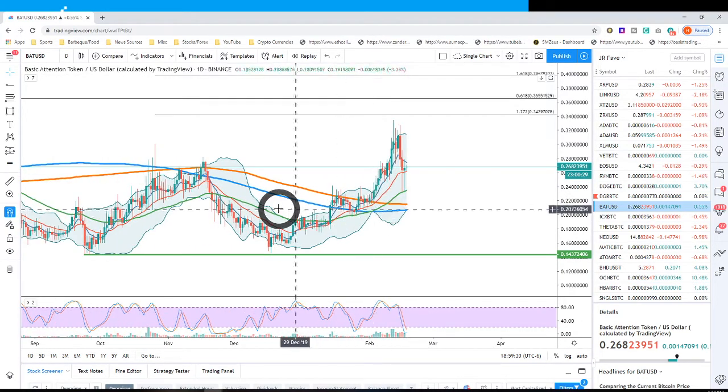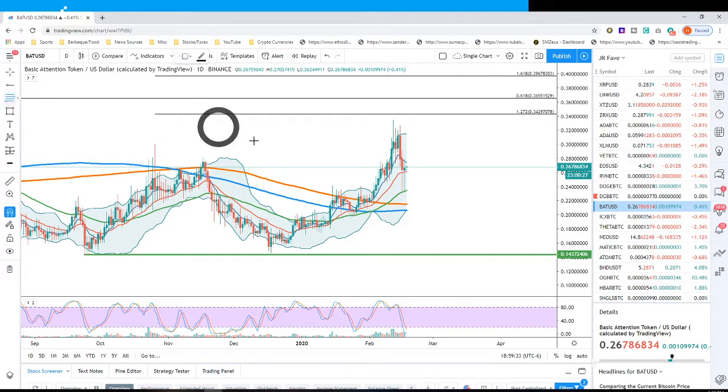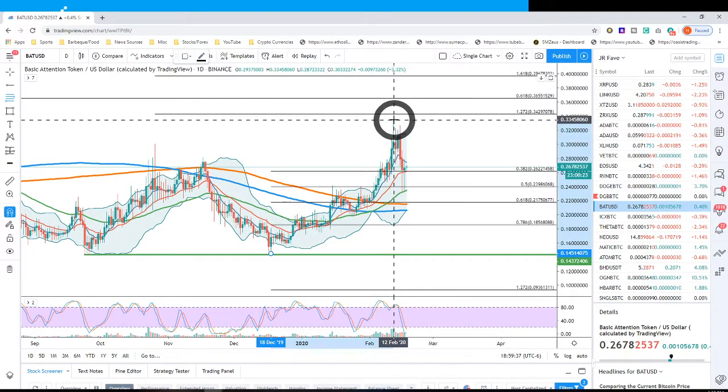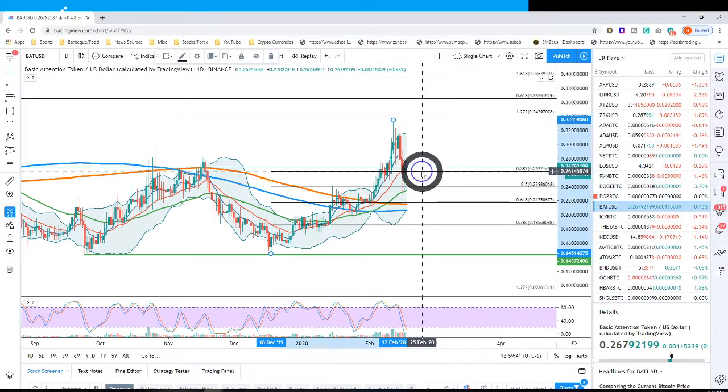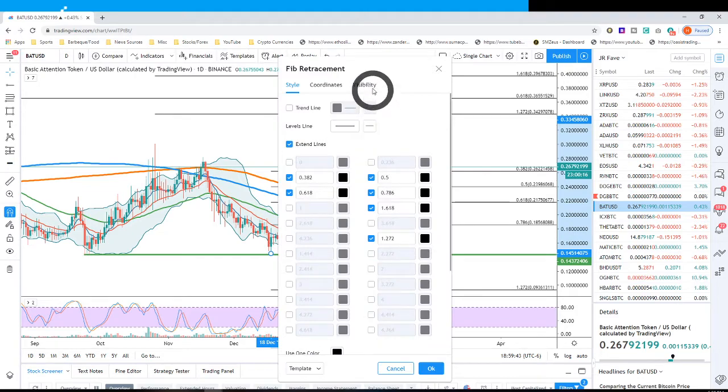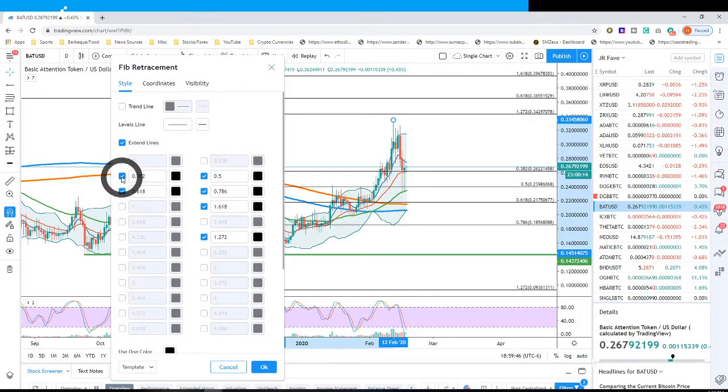So let's go and look at where she's trying to bounce at. Possibly a 618 or a 786. Actually, this one's a little stronger than the other ones. I guess we could call it the 50% retracement.